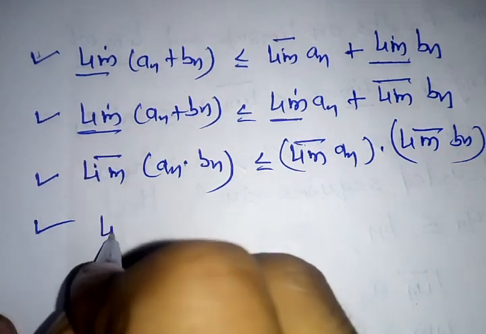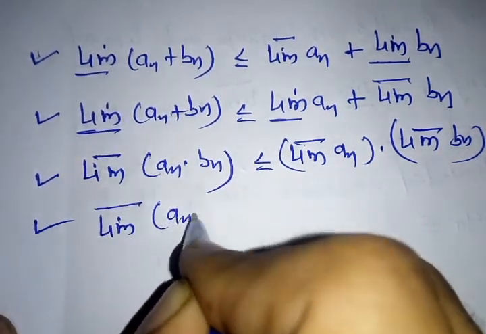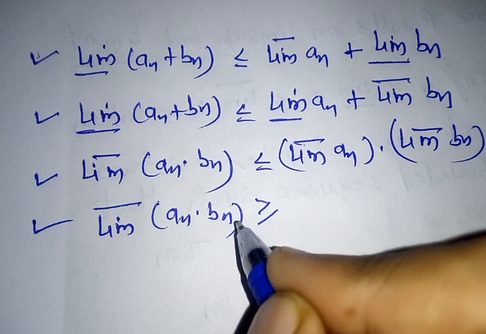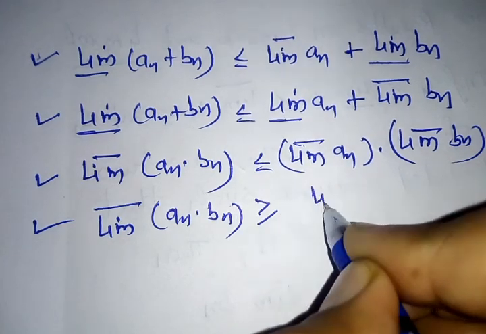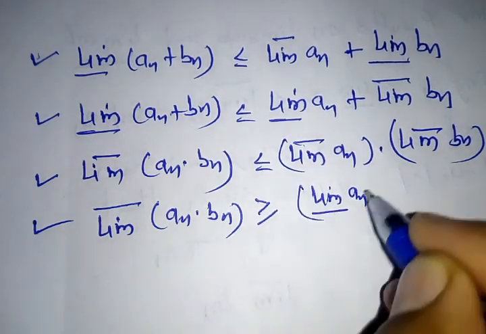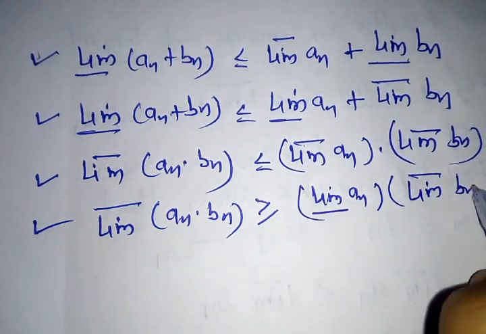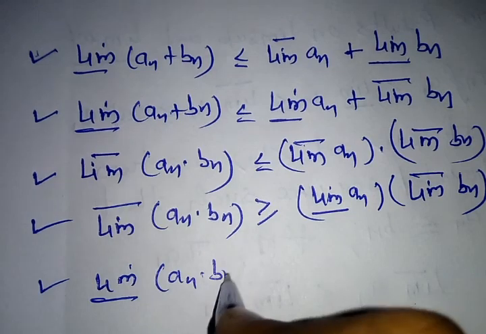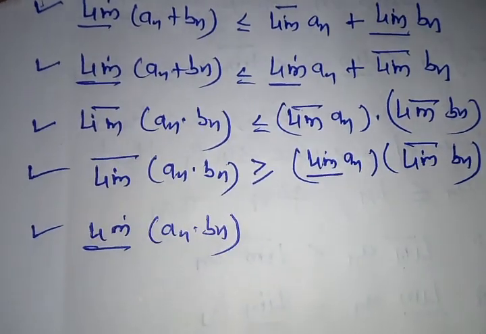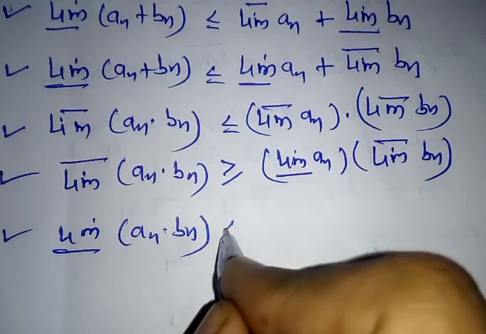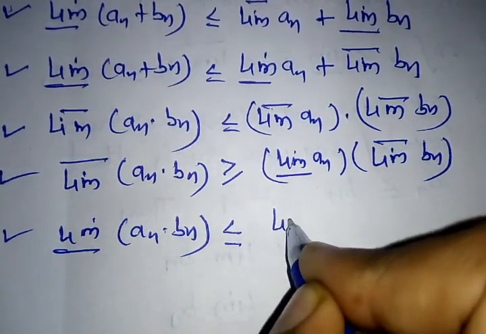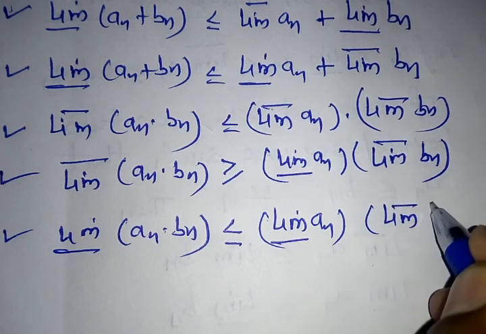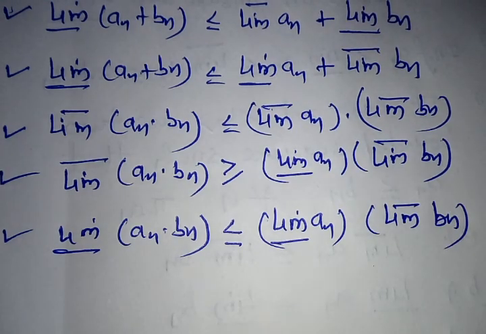Another property: limit superior of an into bn is greater than or equal to limit inferior of an into limit superior of bn, and limit inferior of an into bn is less than or equal to limit inferior of an into limit superior of bn.